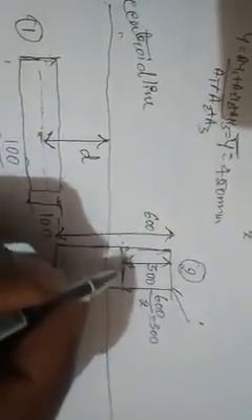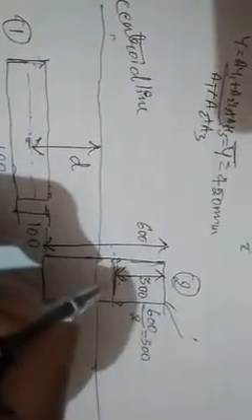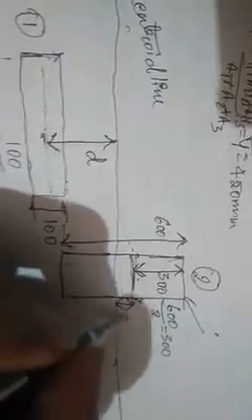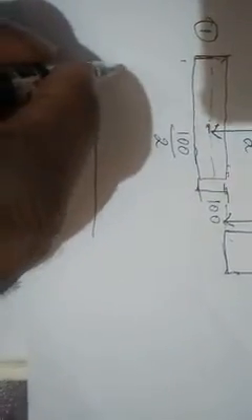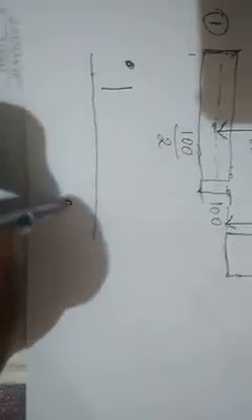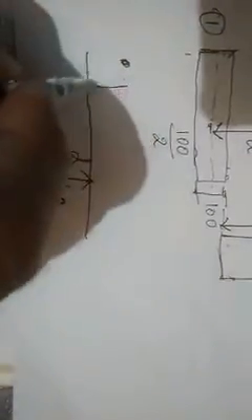So this is the CG of the second section. What is the distance from the center of that section to the centroidal axis? This is the D. In other words, consider the center of any section that lies above or below the axis, that distance you have to take as D. That's all.